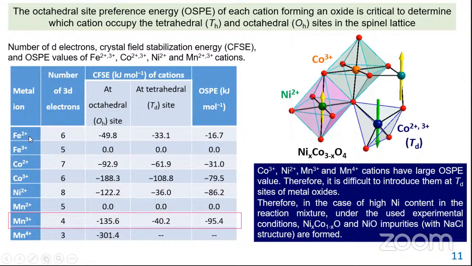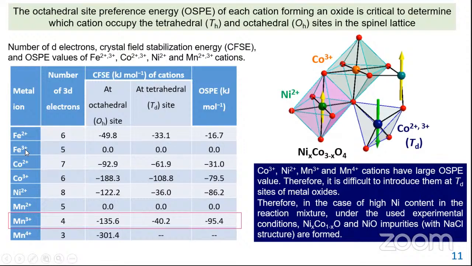We have the possibilities: iron 2 plus, iron 3 plus, cobalt 2 plus, cobalt 3 plus, nickel 2 plus, manganese 2 plus, manganese 3 plus, and manganese 4 plus, all the possible ions in all three compounds. Here we put their number of d electrons, the octahedral site crystal field stabilization energy, and also the tetrahedral site crystal field stabilization energy in kilojoule per mole.